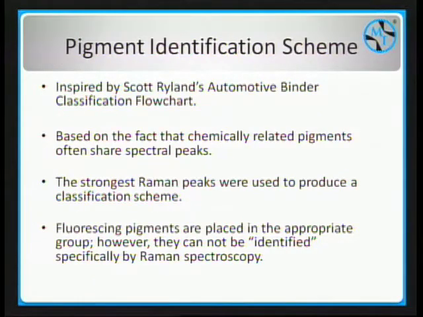So using the Raman data and this chemical classification scheme, we developed a first go at a pigment identification scheme. If you have a Raman spectrum that is a mixture of multiple peaks and multiple pigments, spectral searching doesn't always work well, we've found. So a flowchart approach, and this looks very complicated, has worked really well for the paint samples we've looked at.